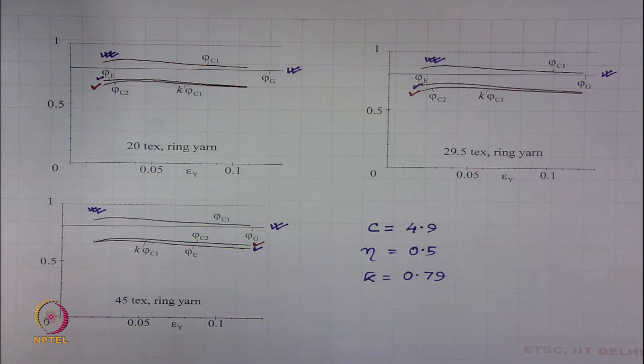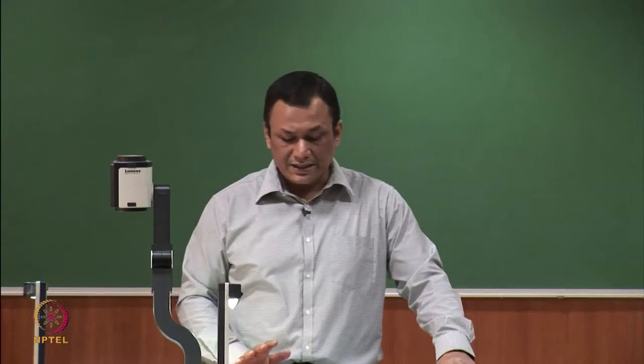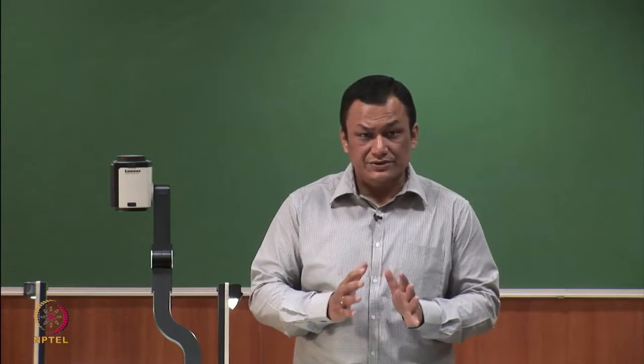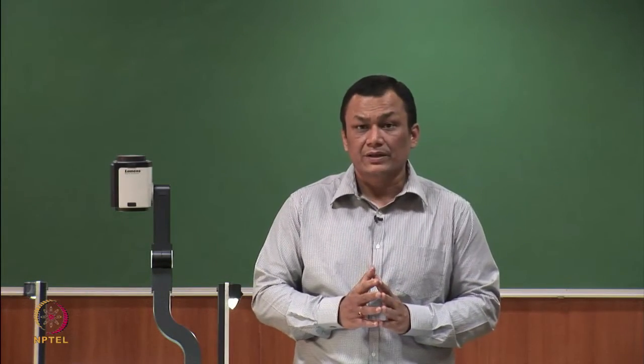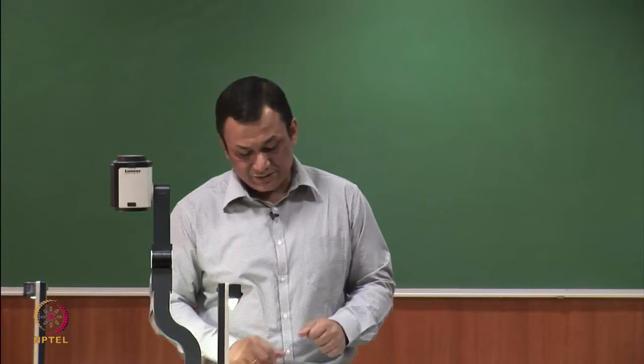The obvious question is, why is it so? Why does phi subscript C1 stay much above the experimental phi subscript E curve? In all three yarns we see a similar tendency, that means there is some reason. This trend is not random, there must be some reason for this. What is that reason? That is the question.